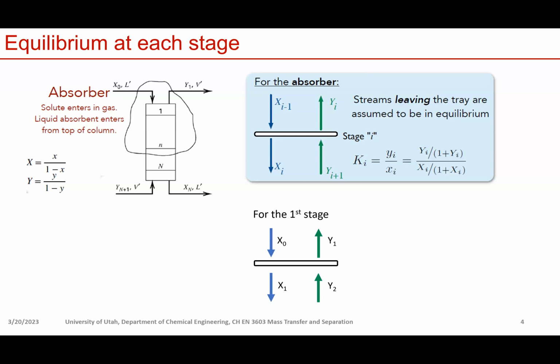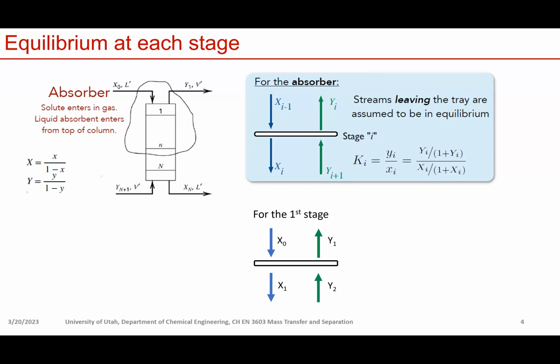Now for this nomenclature, let's look at one example, the first stage. We have two phases getting into this stage 1, and two product streams leaving this stage 1. What are they, based on this nomenclature? There are two ways you can do this. One way is to just look at this, then let i equal 1, and you will have X0, Y1, and X1 and Y2.